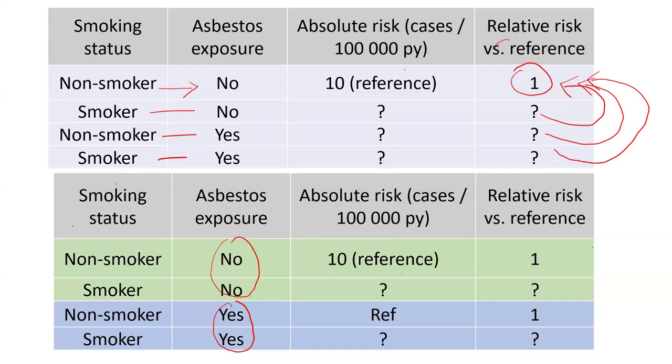What happens in effect modification is that you make strata according to your effect modifier. So if asbestos exposure is your effect modifier, you say I have 2 categories, with and without asbestos exposure, and I calculate the effect of smoking on lung cancer separately for these two subgroups.